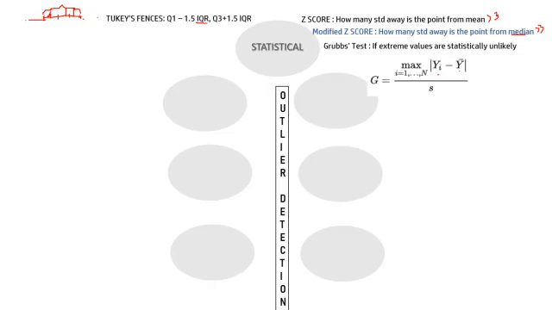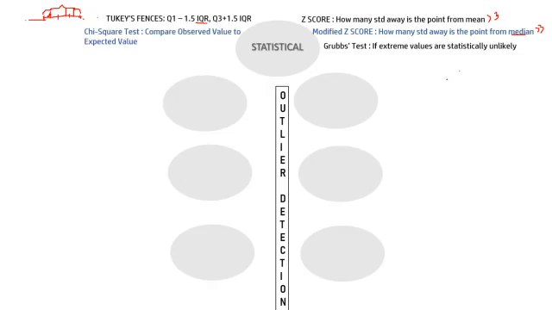Only one point can be detected at a time because you're taking the max of this distance, so it takes quite a number of iterations to uncover all the outliers. It can be used when there are only 1 or 2 outliers in your data, so it's not a very popularly used test.